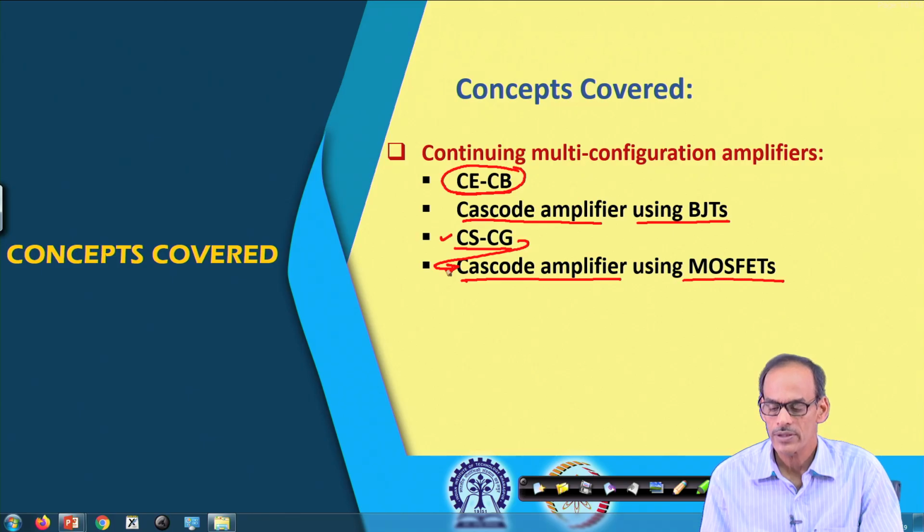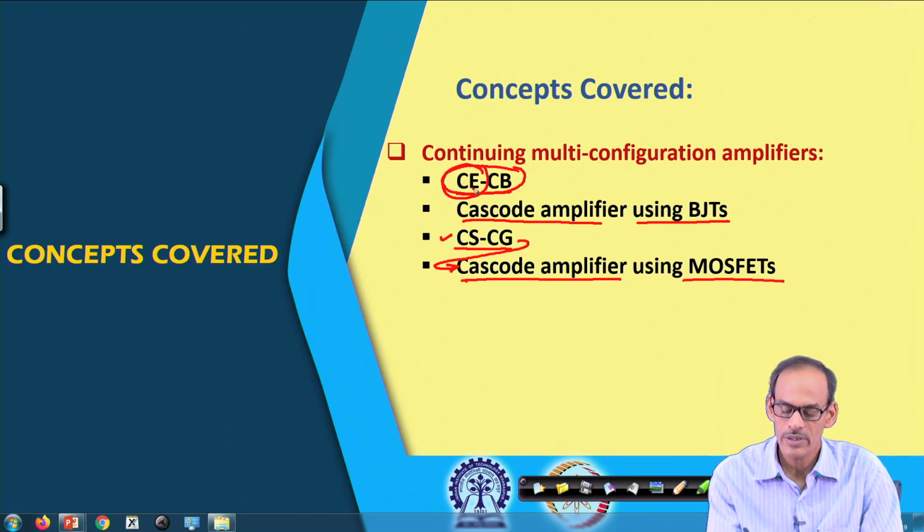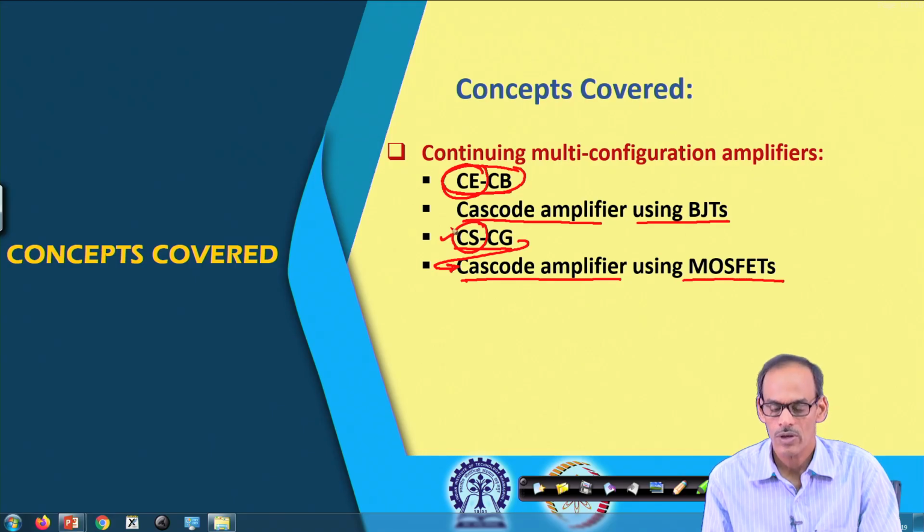You might have observed that if we consider a simple common emitter amplifier, its gain is typically quite high, more than 100. On the other hand, the common source amplifier's gain is not so high.